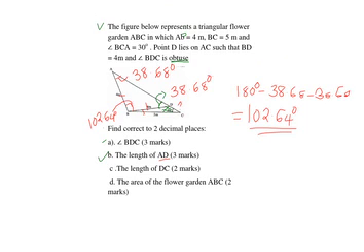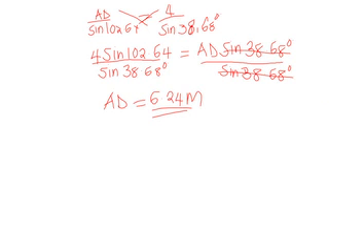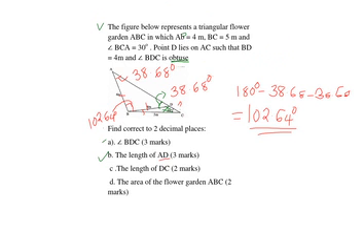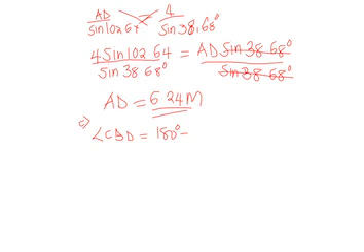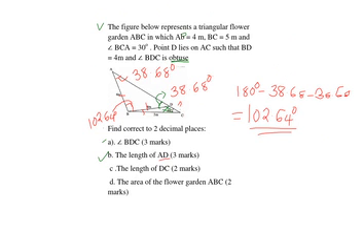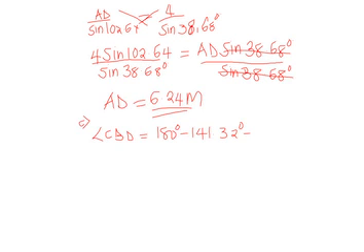So we have to get the value of angle CBD, which will be given by 180 degrees minus the angle BDC, which is 141.32 degrees, minus the angle BCD, which is 30 degrees, and this will give us 8.68 degrees.